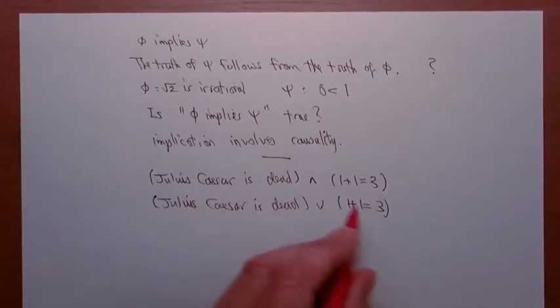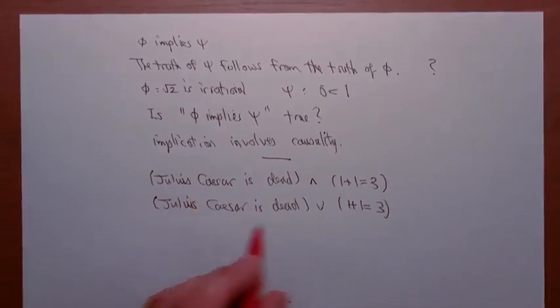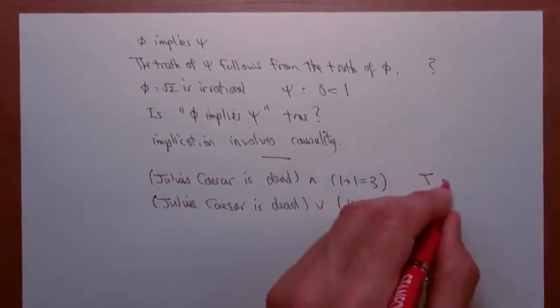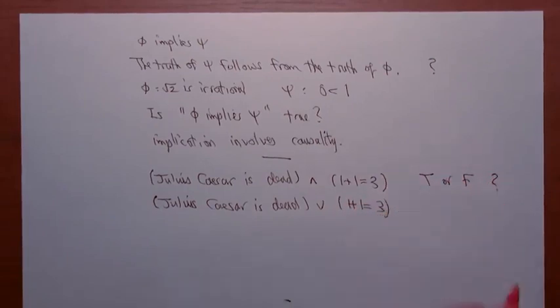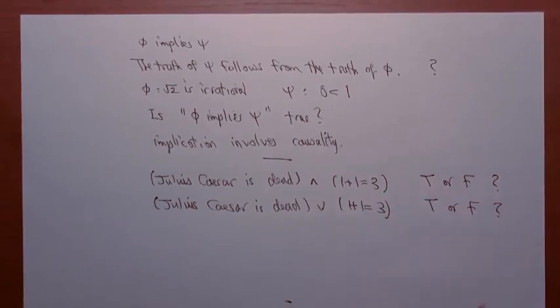These were clearly independent. One's a statement about a long dead individual, and the other one is a mathematical statement. Incidentally, while we've got these in front of us, let me just give you a quick quiz. Is the first one true or is it false? Is the second one true or is it false? What do you think?